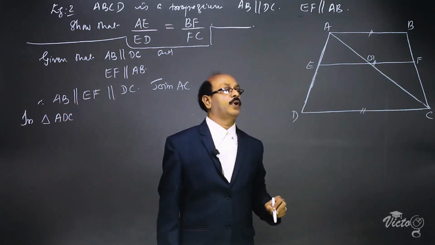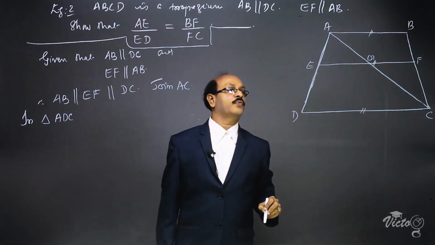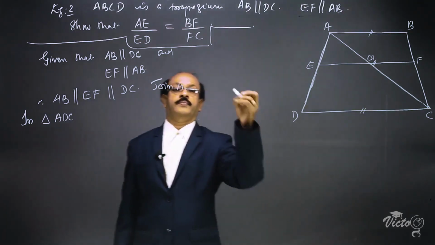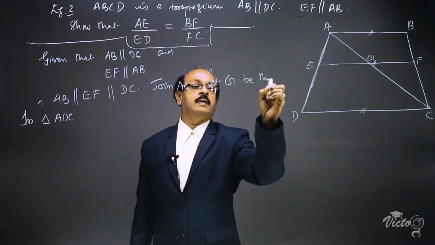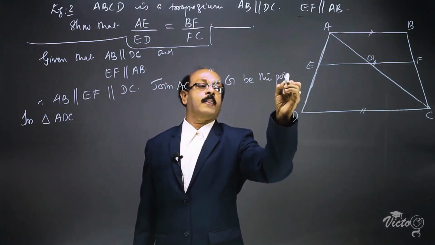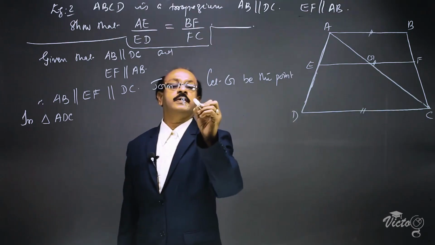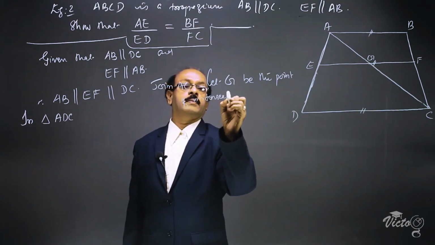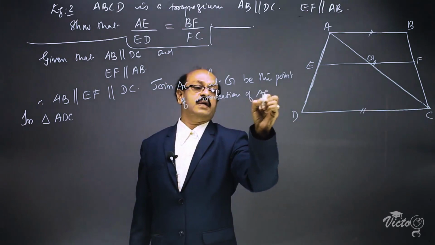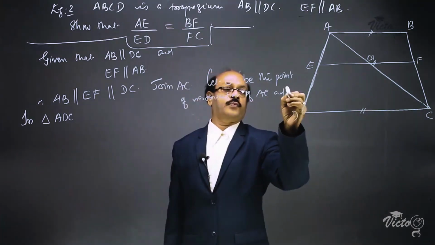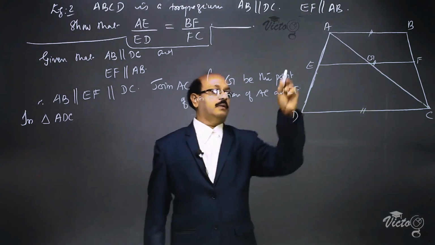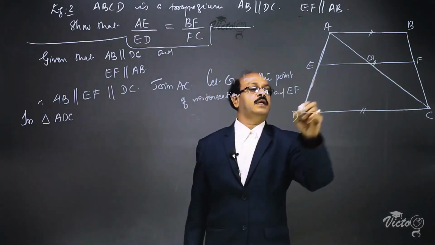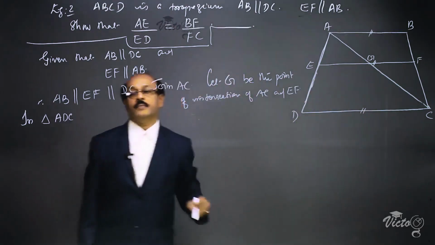Now, in triangle ADC, let G be the point of intersection of AC and EF. In triangle ADC, this EG is parallel to DC.